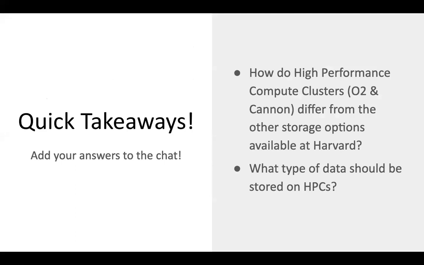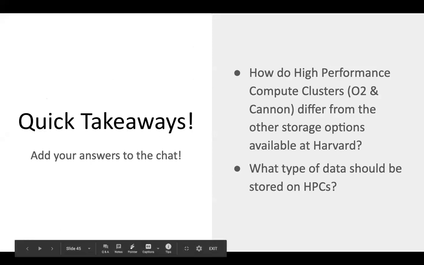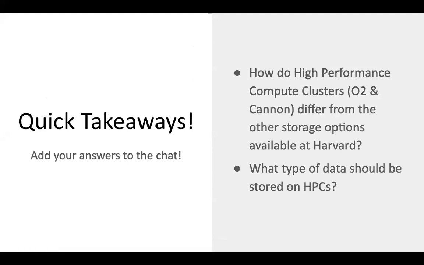So just a quick takeaway, if you can add your answers to the chat. How do the high performance compute clusters, such as O2 or Canon, how do these storage systems differ from other options available at Harvard? And a follow-up question, what type of data should be stored on these compute clusters?